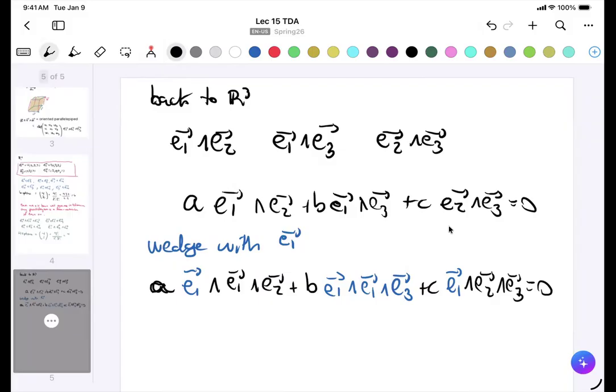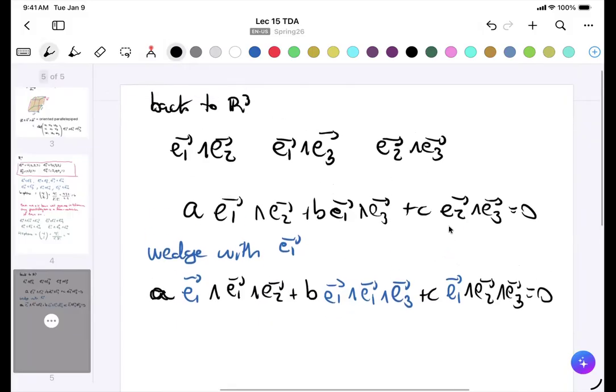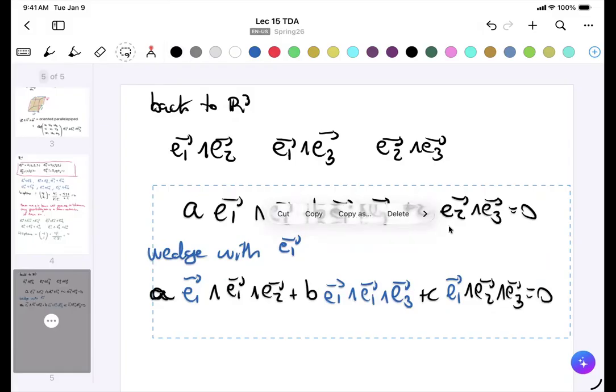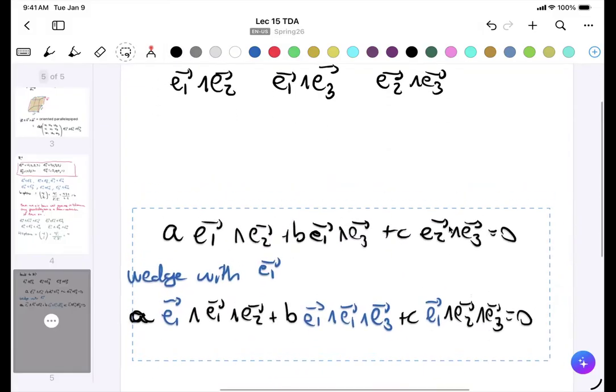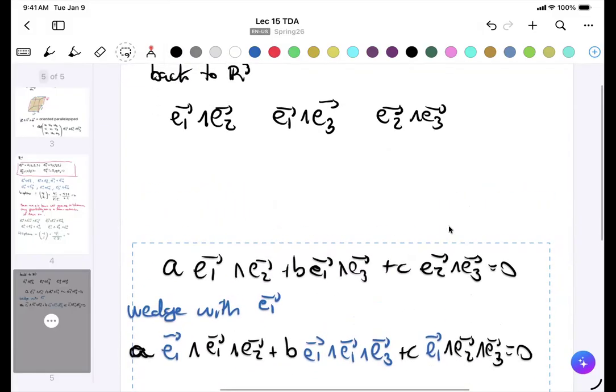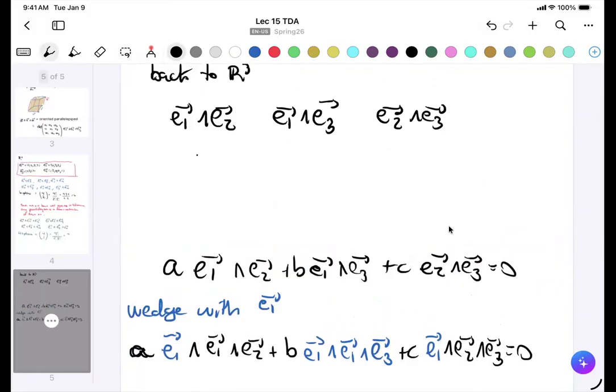But basically, just to give some feedback on what's happening here: I haven't said this too explicitly, but I want you to think of these wedges as genuinely independent of one another. So, for example, E1 wedge E2 corresponds to the unit square on the XY plane in 3 dimensions, right?